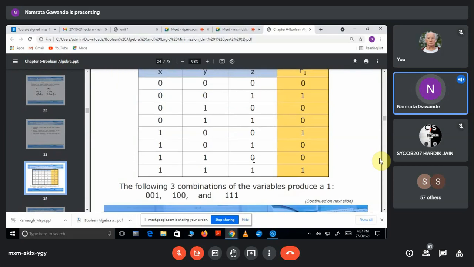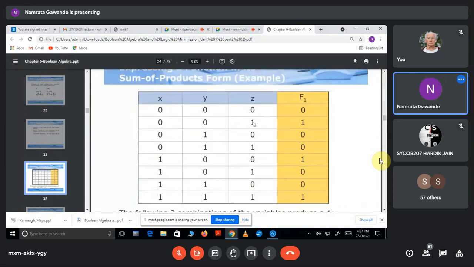Based on this, we have already seen how to find the SOP form. Wherever a 1 is generated as output, we consider those terms only, right? So when we consider the SOP form, we consider the terms where the output is 1.